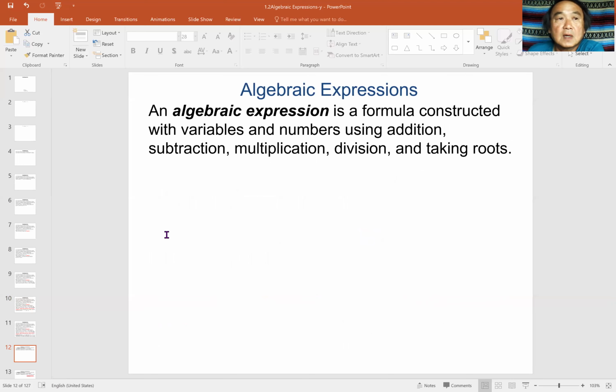What kind of expressions are we interested in? We are interested in expressions given the number x, depending on how many pizza you want to order. x could be some other measure, like the length of a picture, or x can be the weight of a stone. So it could be different variables.